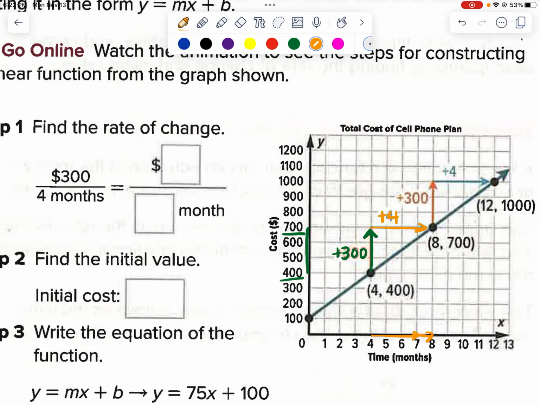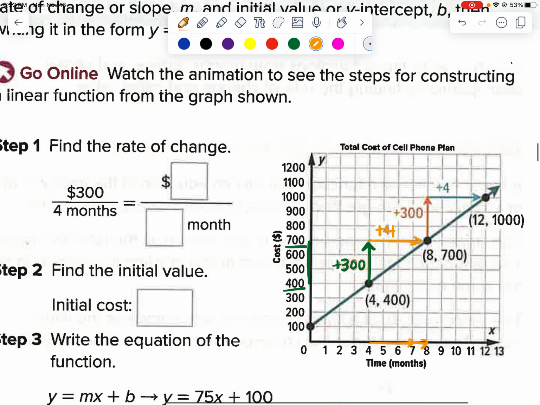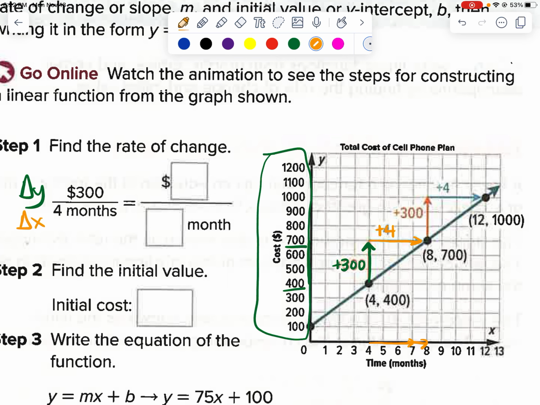So that means our slope, remember, is the change in y. The change in y is this stuff right here. It's talking about money, so it changed $300. And then it's over the change in x.